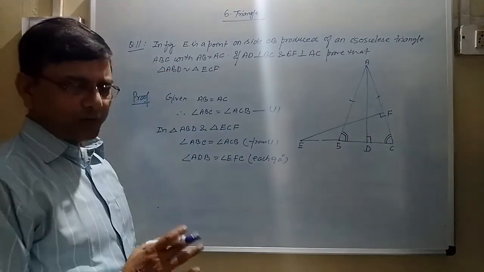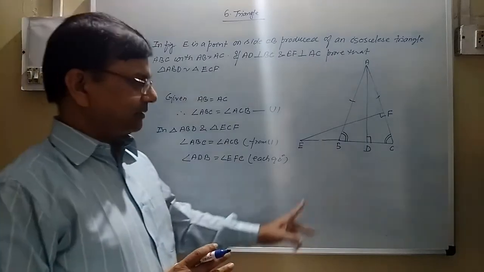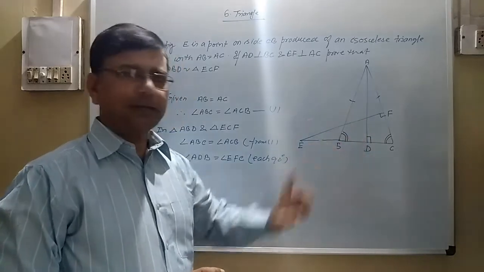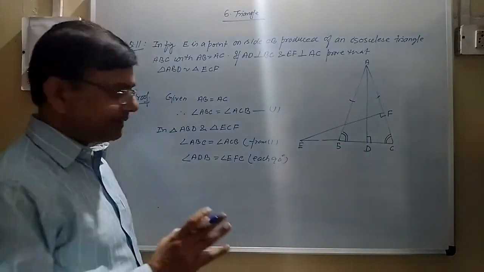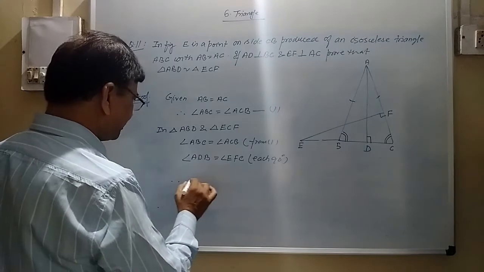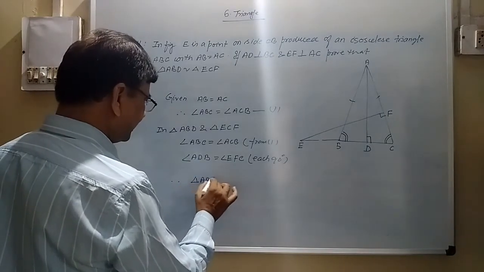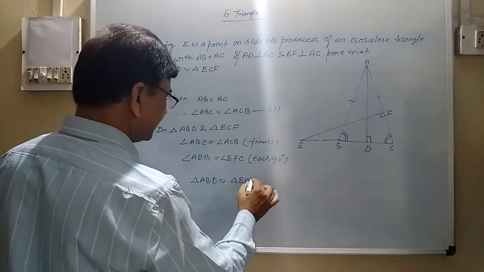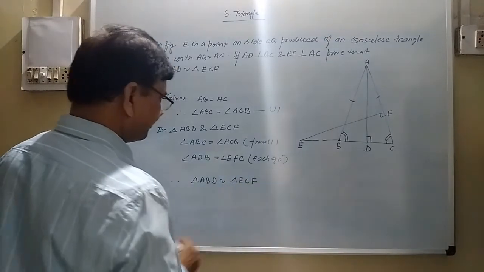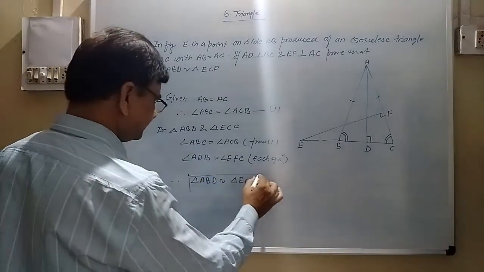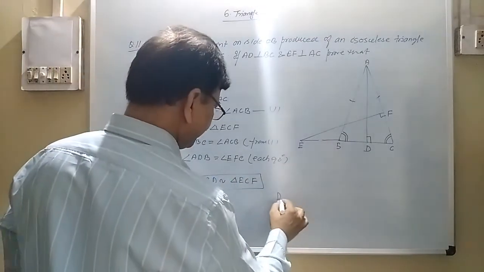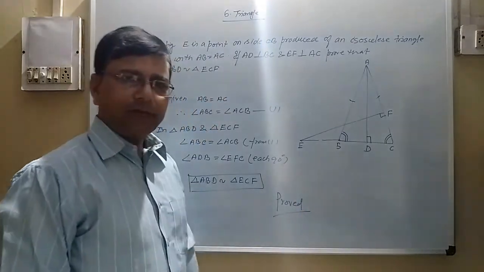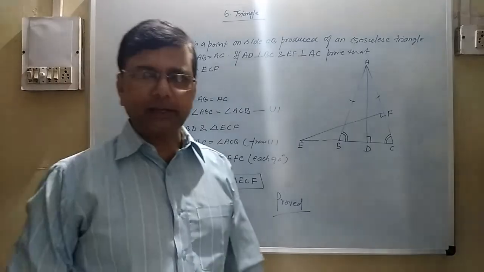So in these two triangles, what do we observe? Two corresponding angles are equal. This angle is over this angle and this angle is over this angle. So by the AA test, these two triangles will be similar. Therefore, triangle ABD is similar to triangle ECF. Proved. This way, we have proved the required thing of this question.